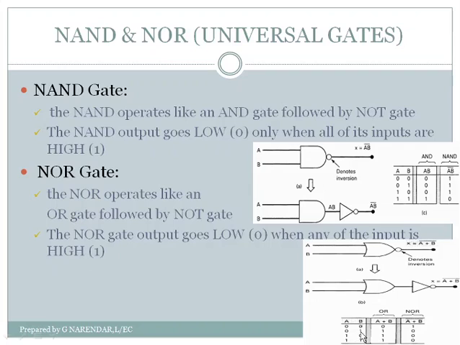So in this case B is 1, in this case A is 1, in the last case both A and B are 1. In all the three cases the NOR gate output goes low, and it goes high when all of the inputs are at low. So this is about the working of the NOR gate.